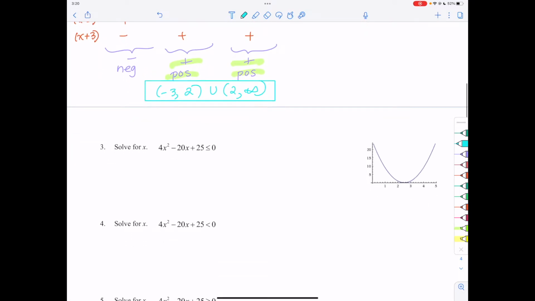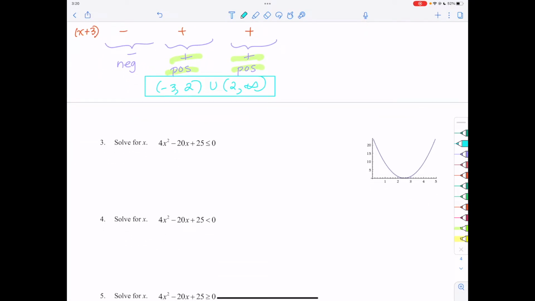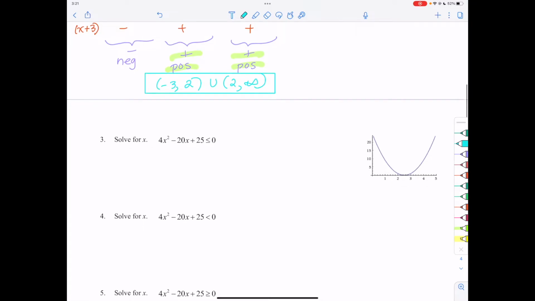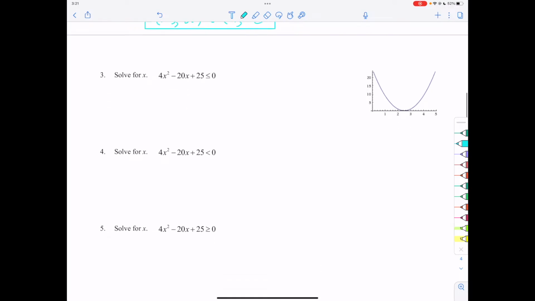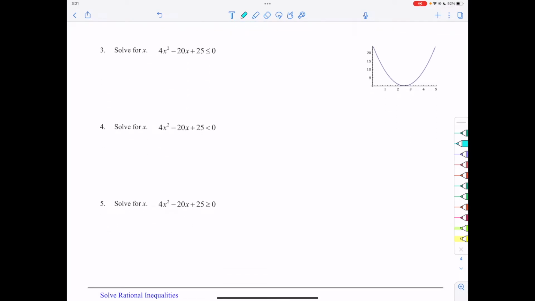Okay, now let's take a look at this next inequality. 4x squared minus 20x plus 25 is less than or equal to 0. So what we have here is we can take a look at solving f of x equal to 0 first.